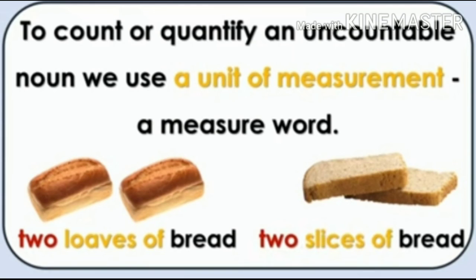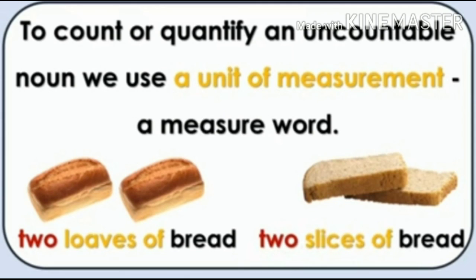For example, we'll see sugar. We count or measure sugar in kilograms. We can say give me 2 kg of sugar, but we cannot say give me 1 sugar, 2 sugar.